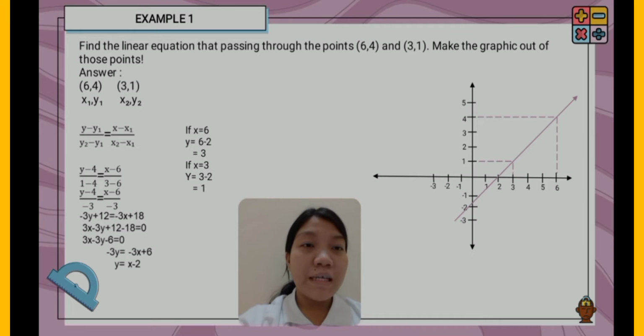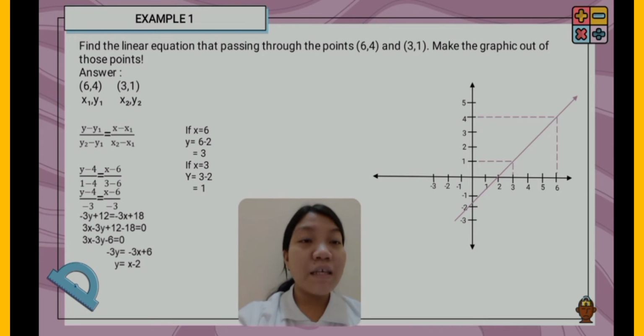For the first example: find the linear equation that passes through the points (6, 4) and (3, 1). Then make a graph of those points. From this question, we have 6 and 4, and then 3 and 1. Here 6 and 4 represent x1 and y1, while 3 and 1 represent x2 and y2.